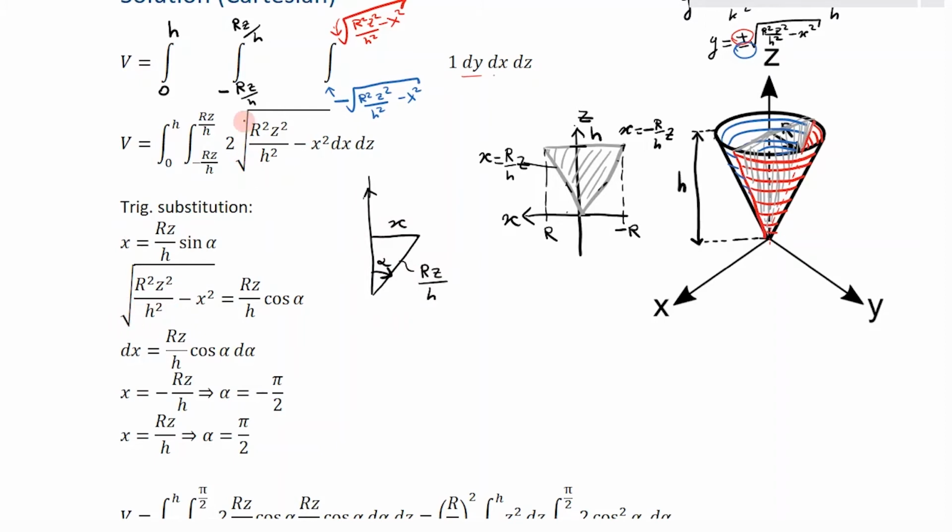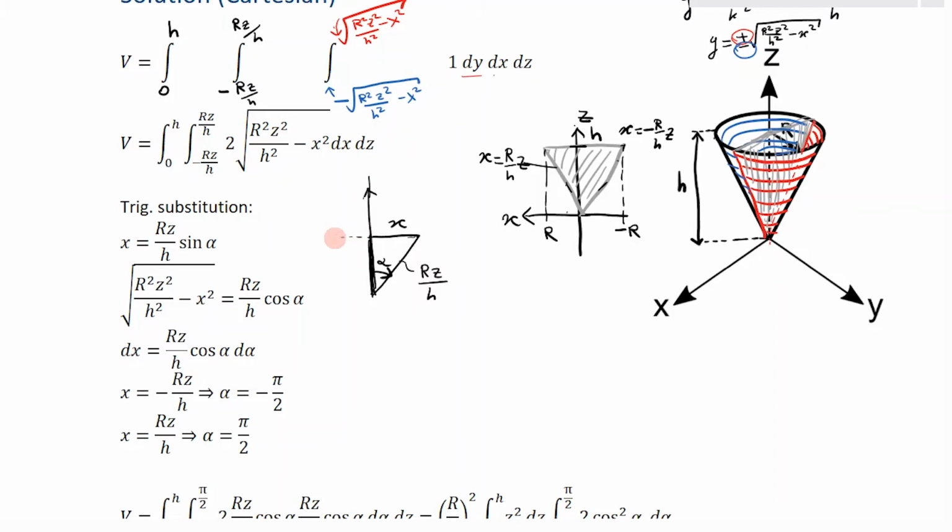We also will have that this guy is this squared minus x squared, all of this square rooted, which is exactly this side. And we know that this side geometrically is equal to rz over h times cosine alpha. And this is true whether alpha is positive or negative, because if alpha is negative, then x becomes negative, but that's okay.